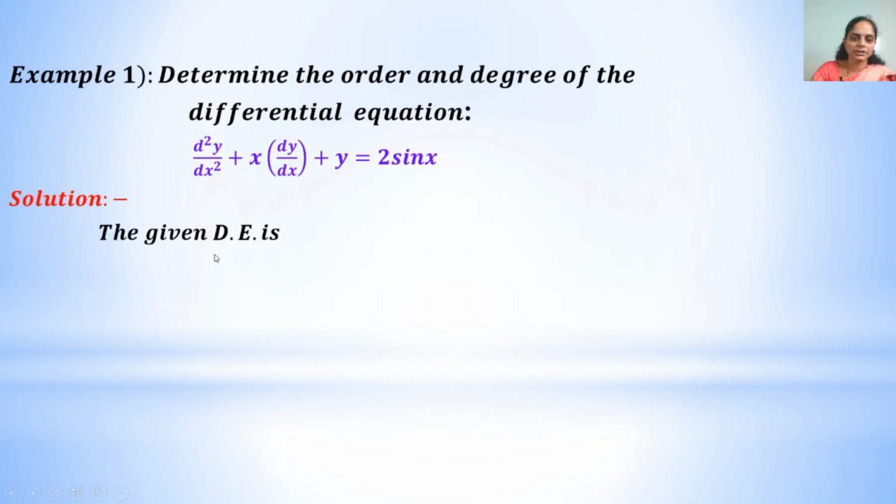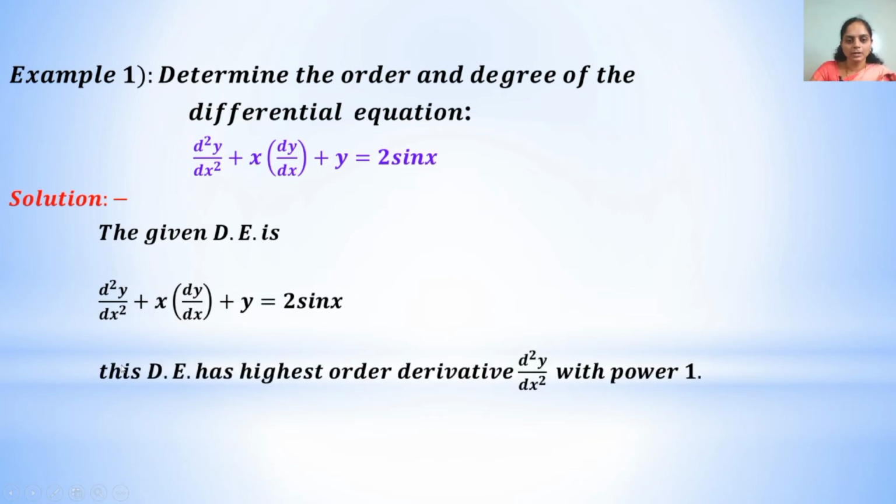Here d²y/dx² and dy/dx are two derivative terms. Between these two terms, d²y/dx² is the highest order derivative. So, order of this differential equation is 2.